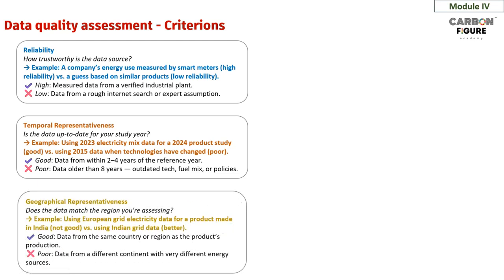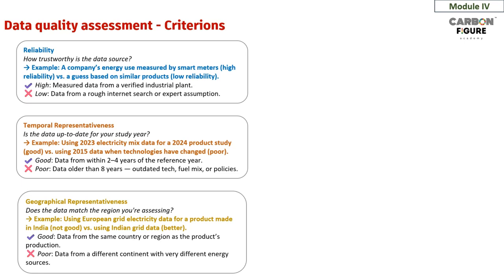geographical representativeness. Does the data match the region you are assessing? So here in these criterion-based examples, I include both foreground data and background data. The first two examples talk about foreground data. Here the third criterion, the example, talks about background data, right?